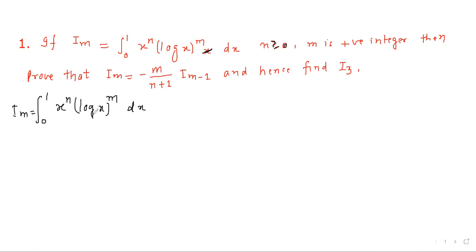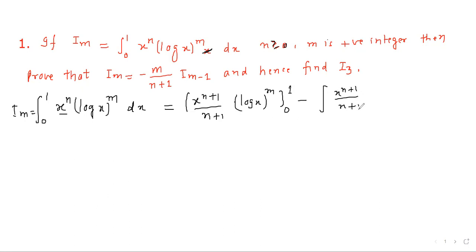Now we integrate it by using integration by parts. So we take this integrable and this differentiable. So we can write it as x^(n+1) upon n plus 1 times (log x)^m, with limits 0 to 1, minus the integration of x^(n+1) upon n plus 1 times the differentiation of this.